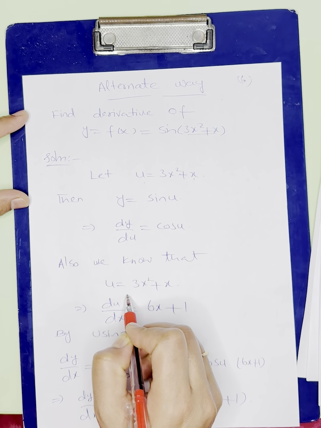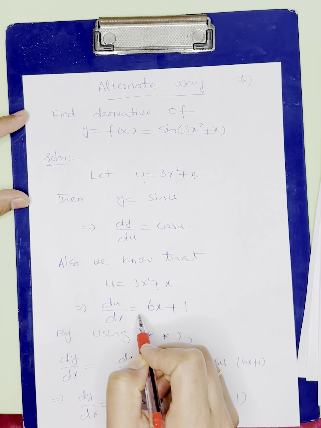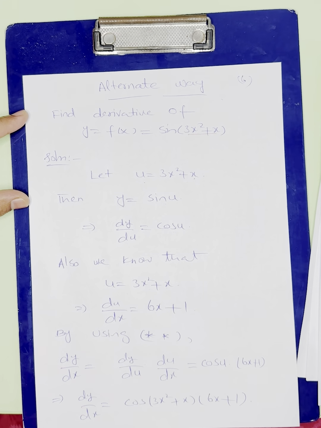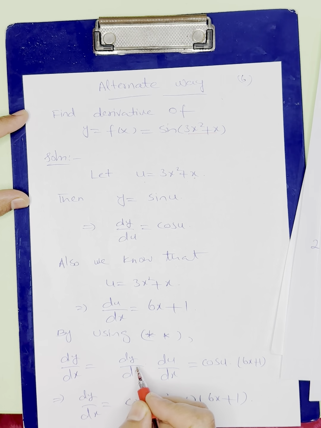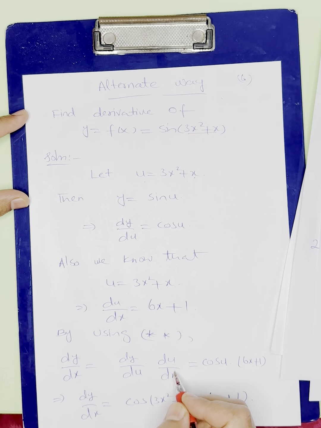As we know that u is equal to 3x square plus x, so derivative of u with respect to x is equal to 6x plus 1. By using this expression, we can write that dy by dx is equal to dy by du into du by dx. And after putting the results of dy by du and du by dx, we will get the required answer.